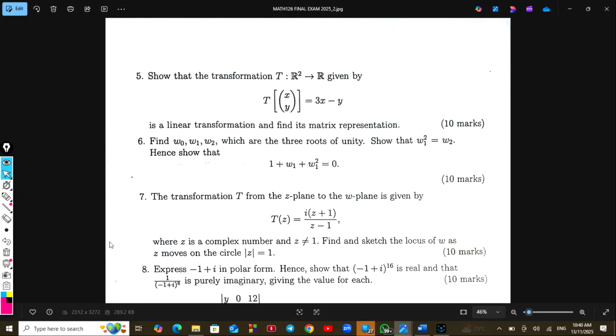In this new video we are going to look at the solution to question 5. The question goes: show that the transformation T mapping R2 to R given by T of (x, y) equal to 3x minus y is a linear transformation, and find its matrix representation.